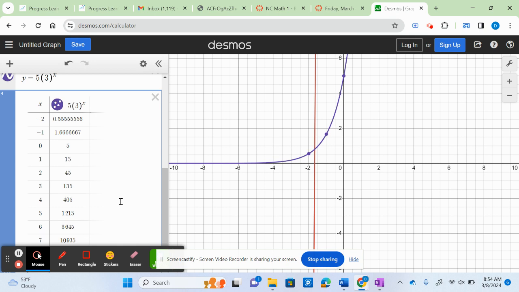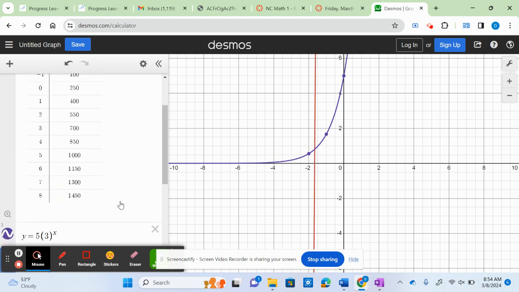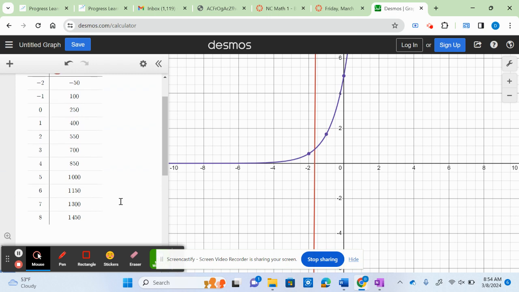So build your equations first into Desmos, and then I'll come around and help you think about it. So put your equation. Nope, you have to do your equation first. You start with your equation.